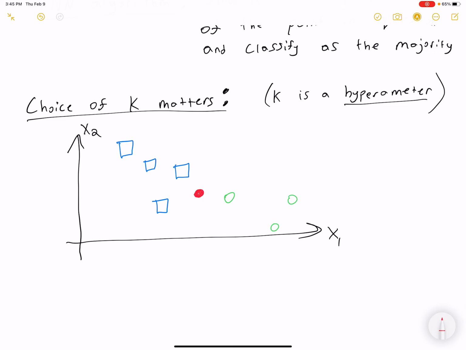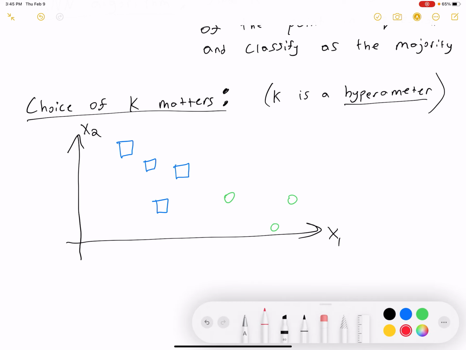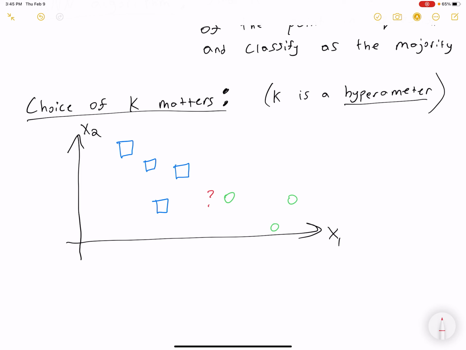So actually, let me draw this a little closer. Let's say our question mark was here. This would be the first nearest neighbor, this would be the second nearest neighbor, and this would be the third nearest neighbor.